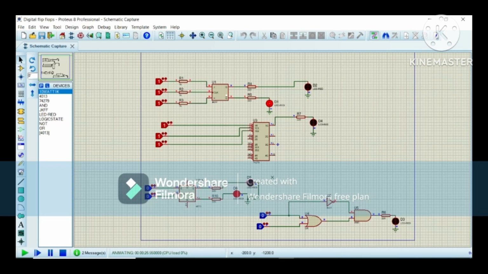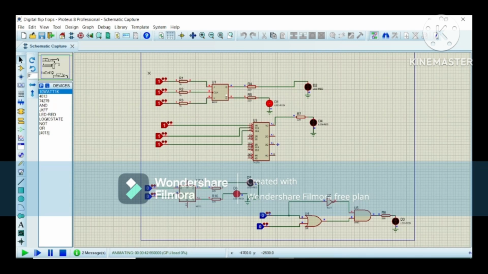Then, for example, in the flip-flop type D, I remember that we didn't connect the power pins, so that was a problem because the flip-flop didn't work.